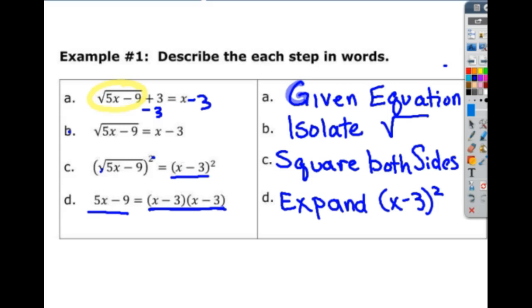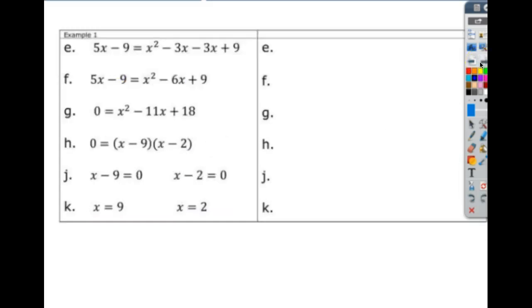Now, the next step, what did they do to get the next step? Well, if you read your steps over here on the first page, it says FOIL. As you know, I do not prefer FOIL.